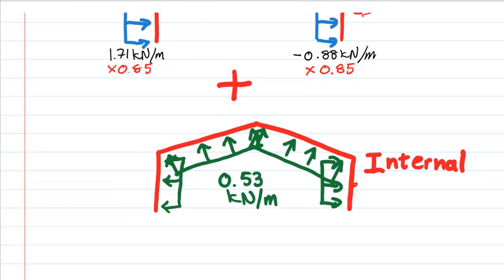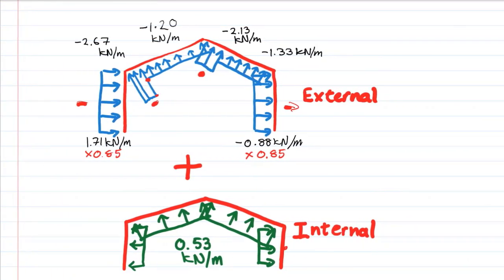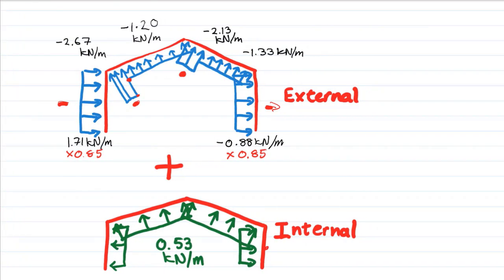Now, once you've got these two diagrams, you can apply that to your structure. And in your finite element software, your Prokon, your Abaqus, or whatever you're using, Strap or Strand, or the various other ones that are available, you would apply either the external pressures and then a separate load case for the internal pressures, or you could just combine them and apply a single combined pressure together.